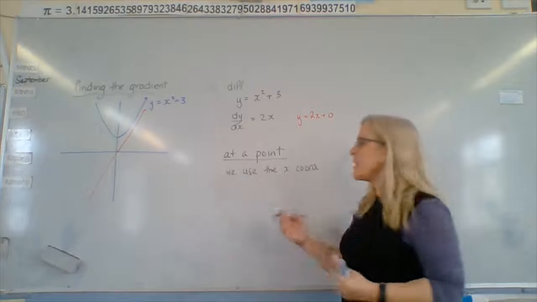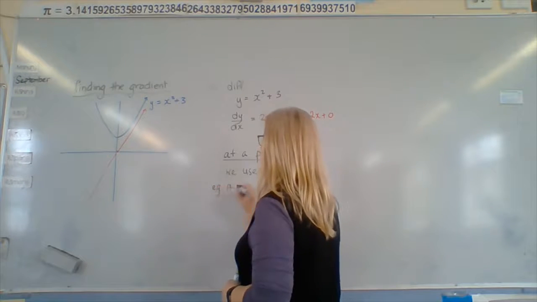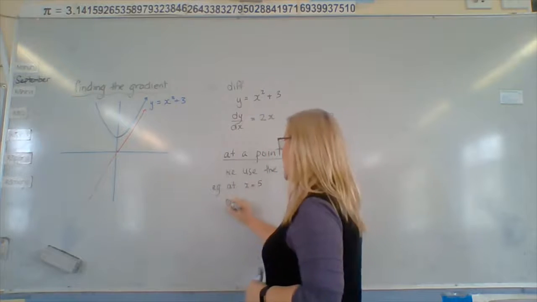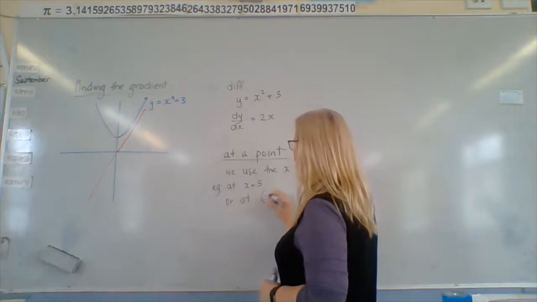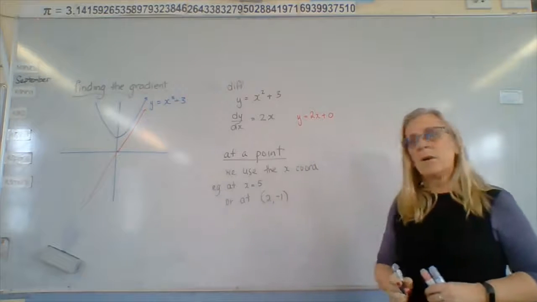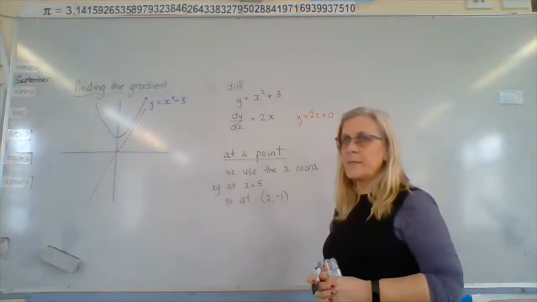So they will say at x equals 5. Or they might say at the point 2, negative 1. All right? This is what we are substituting in.